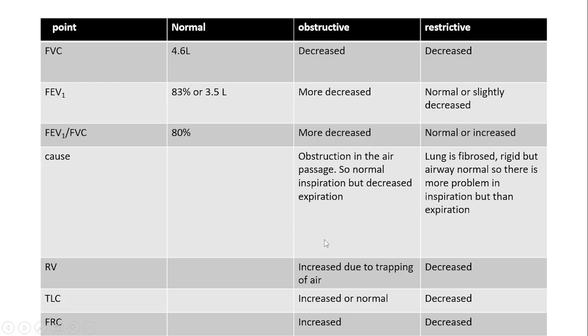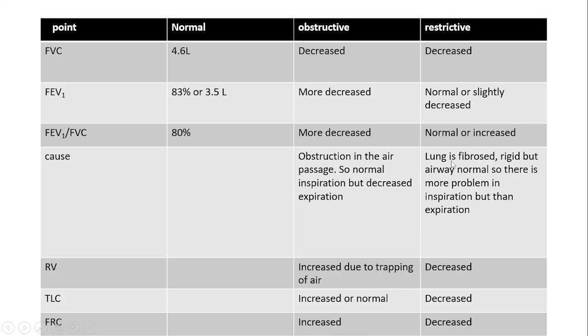That is called air trapping. So because of this, the residual volume will be increased in obstructive lung disease. The total lung capacity and functional residual capacity will also be increased, because in calculation of these two capacities, we require residual volume. If the value of residual volume is increased, automatically the value of total lung capacity and functional residual capacity will increase.